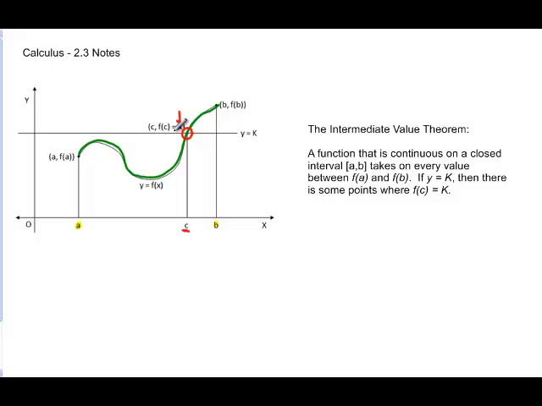If I have a y value at this point circled in red, whatever that y value is, we're calling it k, then there has to be some point on the x-axis that when I put it into the function gives me that number. That's what the intermediate value theorem says: for every y value that I find along this green line, I can find a corresponding value on x that when I plug it into the function gives me that y value.